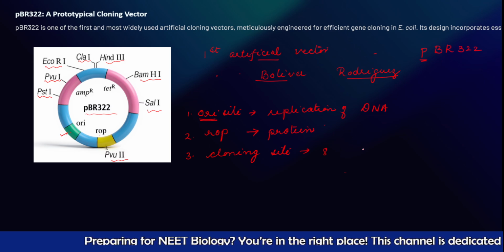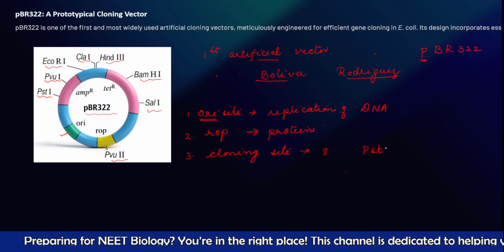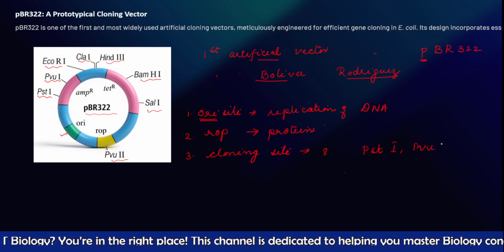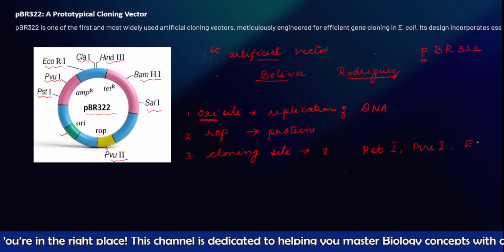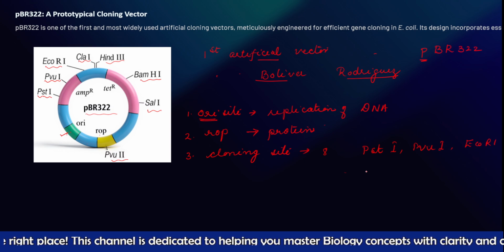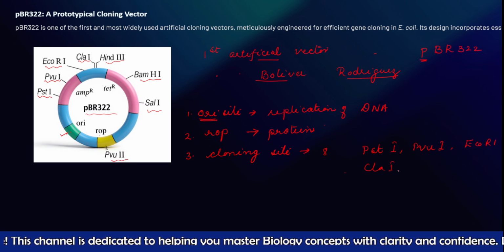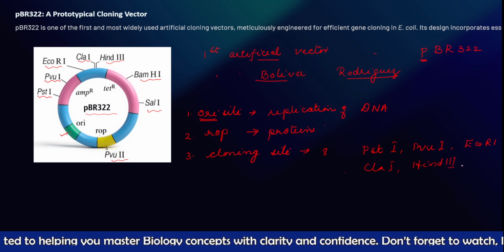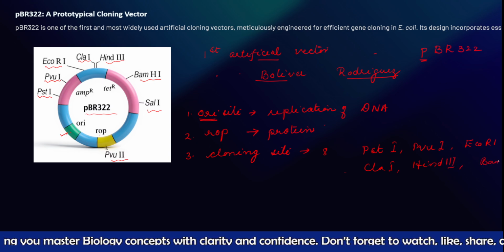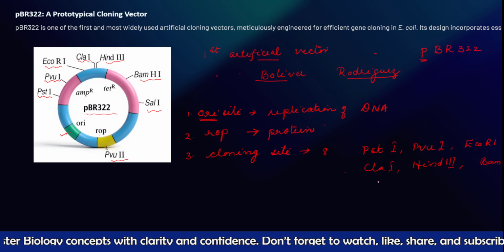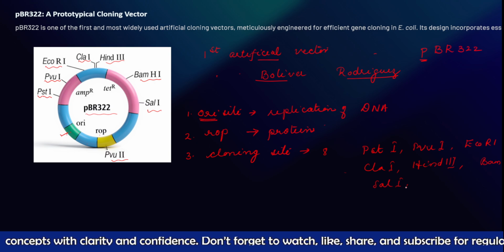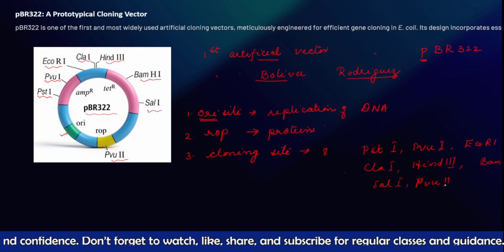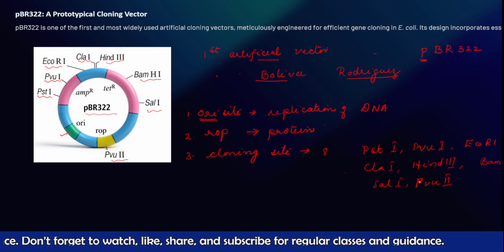What are the 8 cloning sites? PstI, PvuI, EcoRI, ClaI, HindIII, BamHI, SalI, then PvuII. You need to learn all those parts.